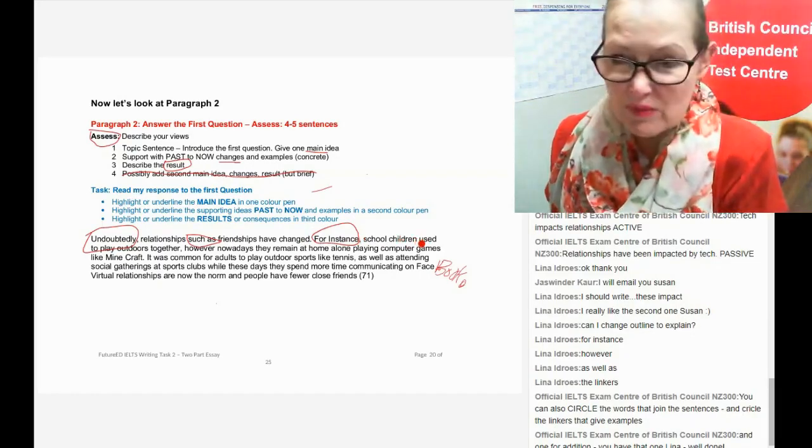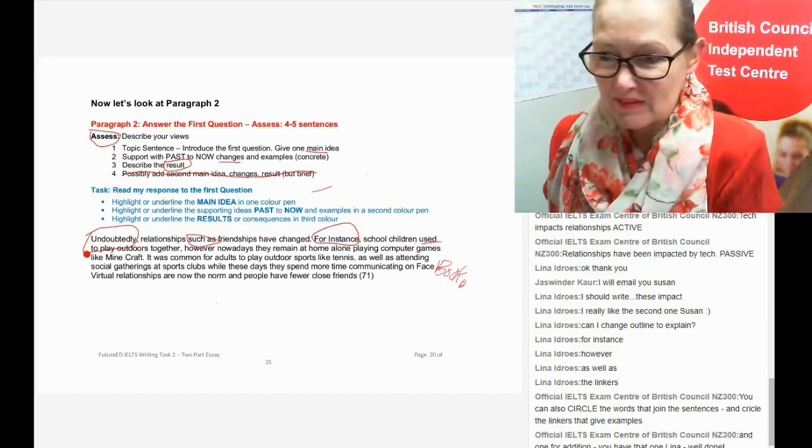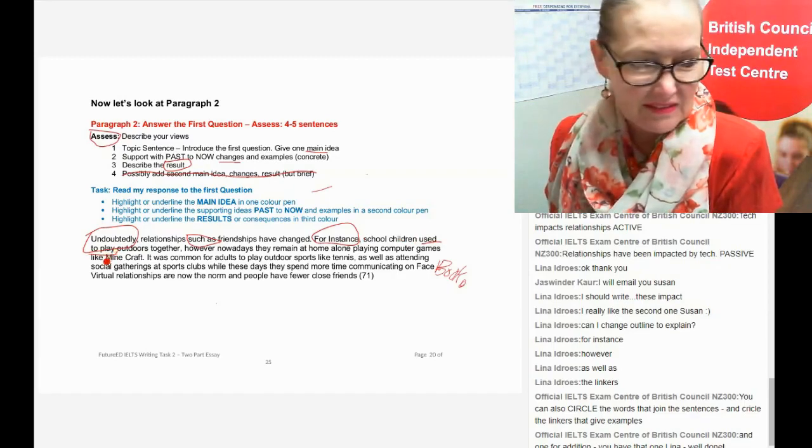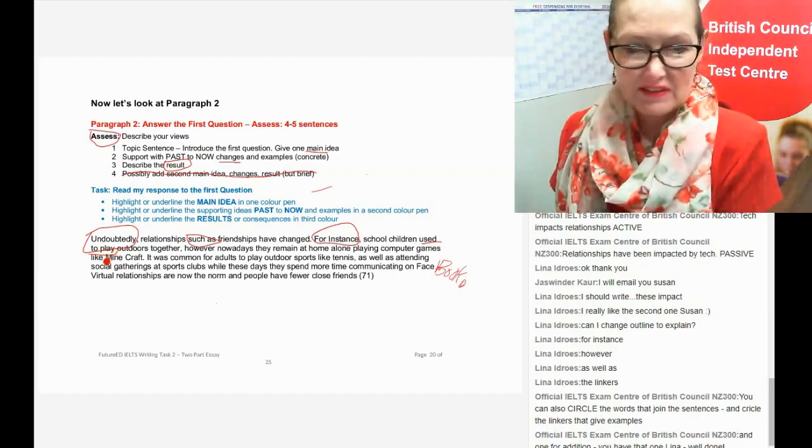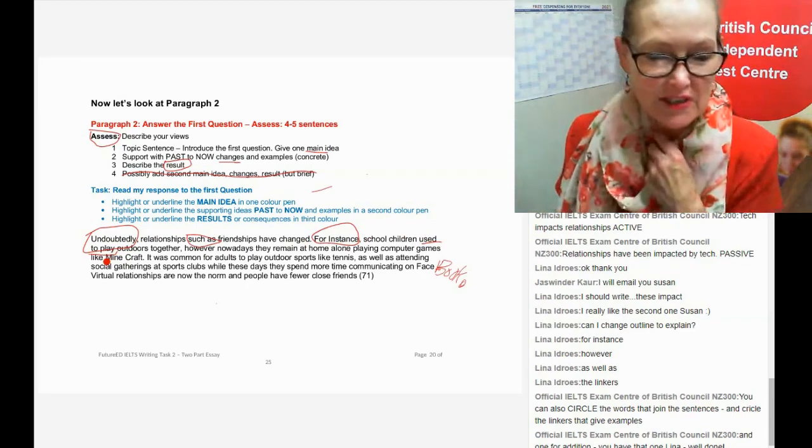Do you need more time? Shall we read through it? Okay, so let's have a look. Very sensitive mouse. It's going off the page.